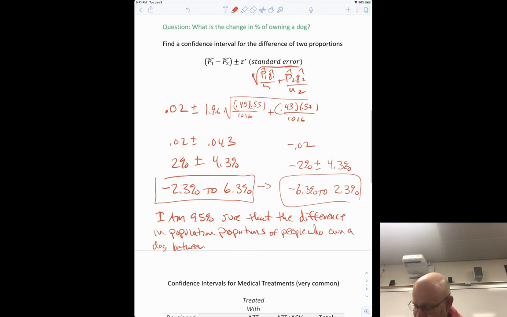So what I just told you was which way I subtracted, right? I'm 95% sure the difference in population proportions of people who own a dog between 2001 and 1996, so I'm subtracting that way, is somewhere between negative 2.3% to 6.3%. If I said I'm 95% sure that the actual population proportion of people who own a dog between 1996 and 2001, then I would switch those proportions around.